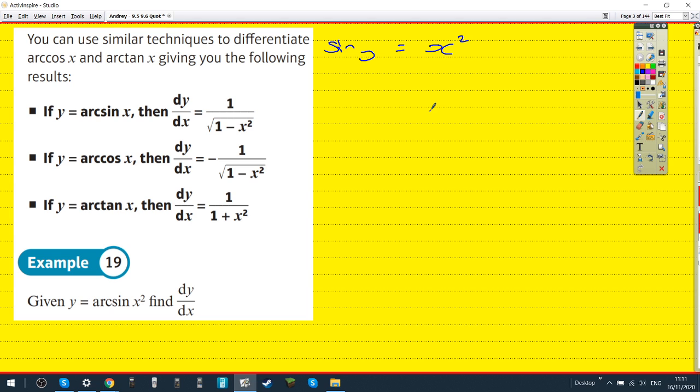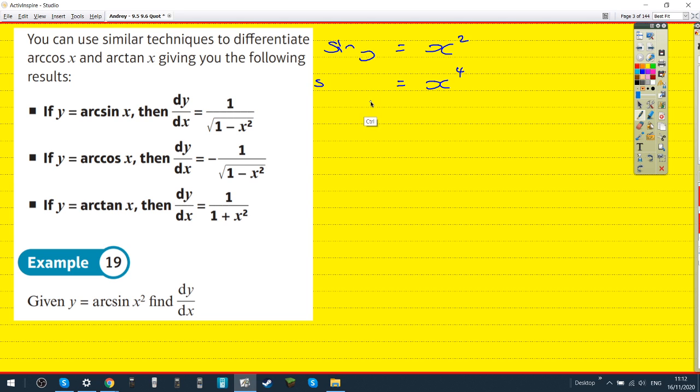Hang on, this is x squared. Let's try squaring both sides at this point so you get the x to the 4. And so that'll give me sine squared y. No, that might be more work.